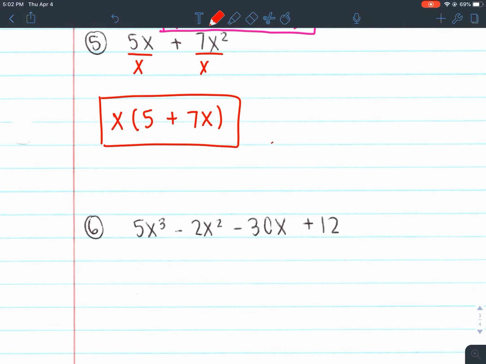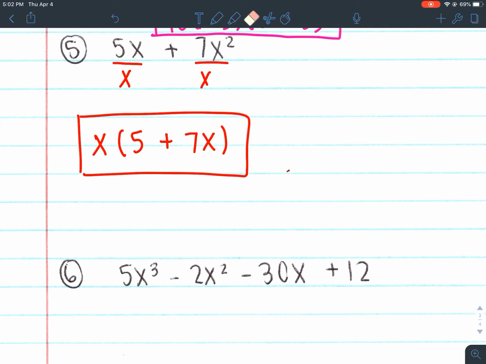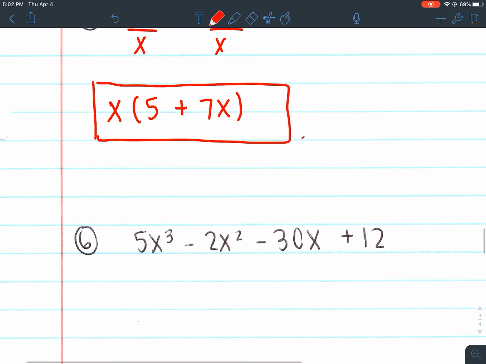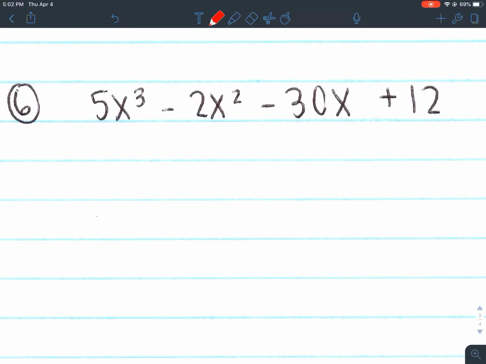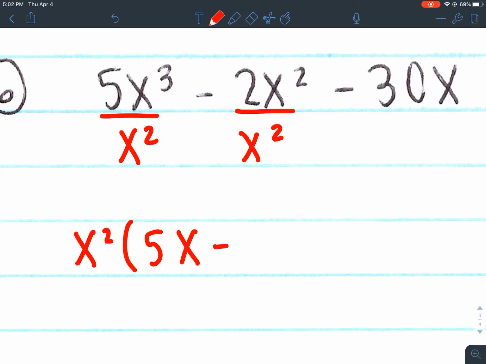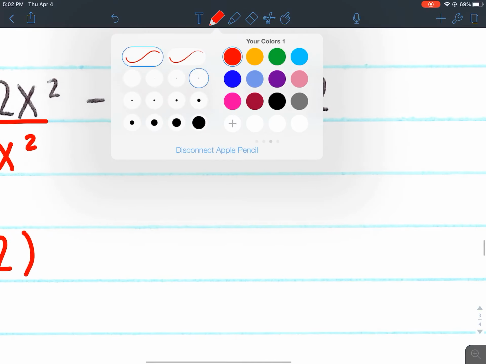Number 6, you can always check for a GCF first, but what do you notice about this? How many terms do we have? We have 4 terms, so that means I can do factor by grouping, and I don't have to actually think about anything. So, factor by grouping. These two, the most I have in common is x squared. So I have 5x minus 2.